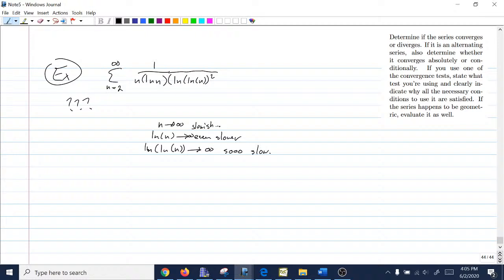It's like these things compound on each other. You want to say exponentially, but it's like the opposite of exponentially. The more logs you stack on, the more slowly these things go to infinity.